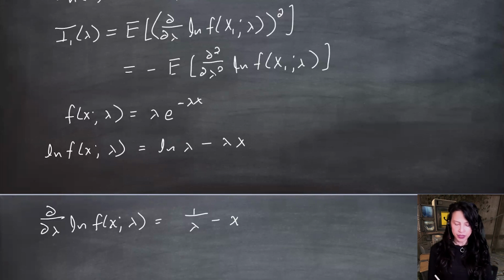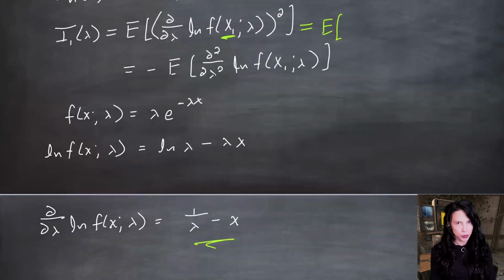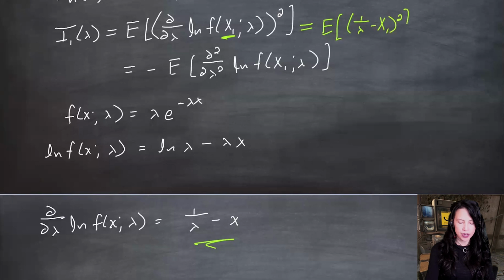So two options. I'm going to do it both ways. If I take this back up to the top, I want to compute the expected value of this thing with a capital X plugged in, x1 or x5 or whatever, and squared. So this is 1 over lambda minus x1 squared, which is also, because it's squared, x1 minus 1 over lambda squared.